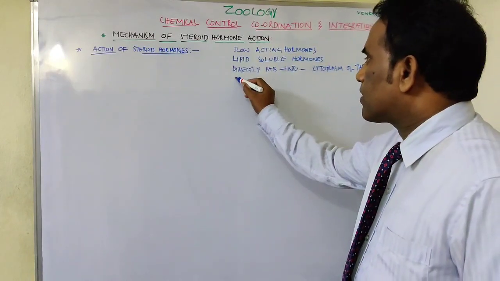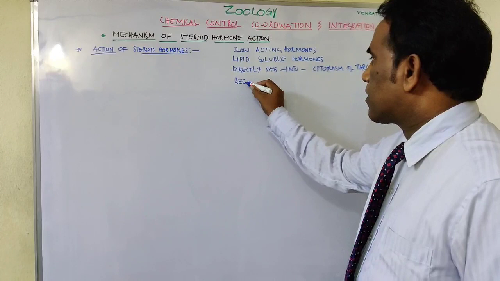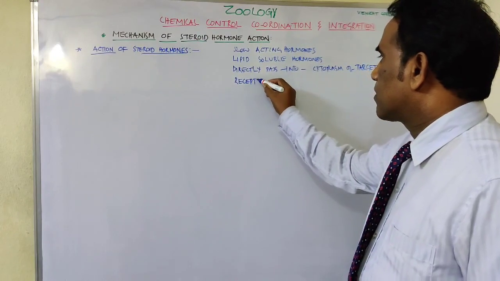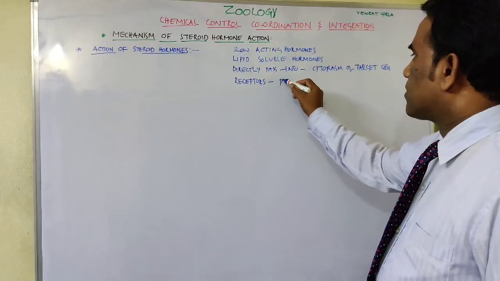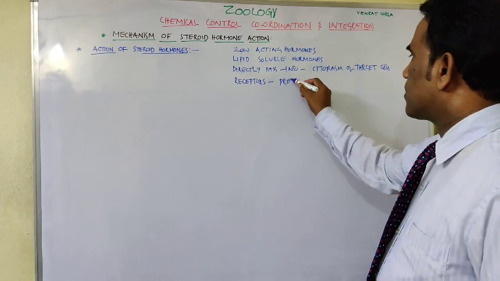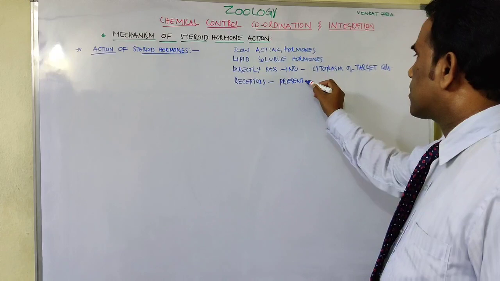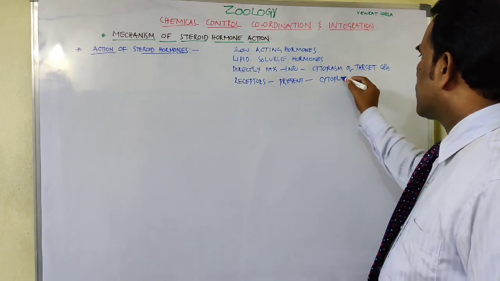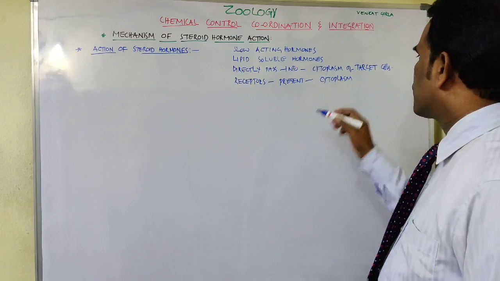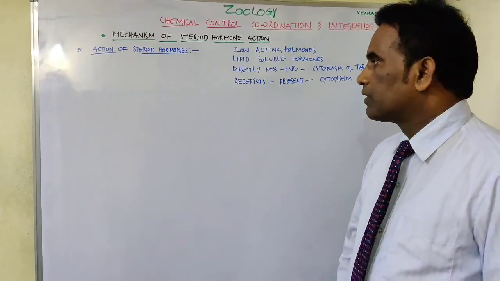Hence the receptors of these hormones are present in the cytoplasm or cytosol of a target cell.